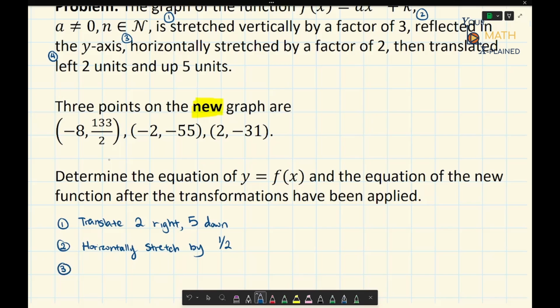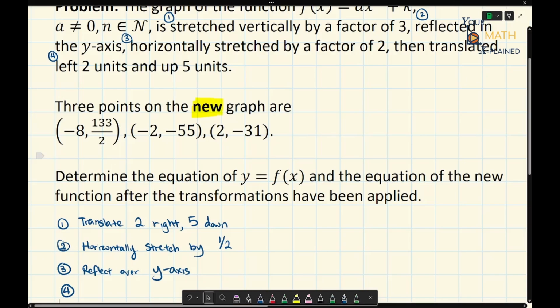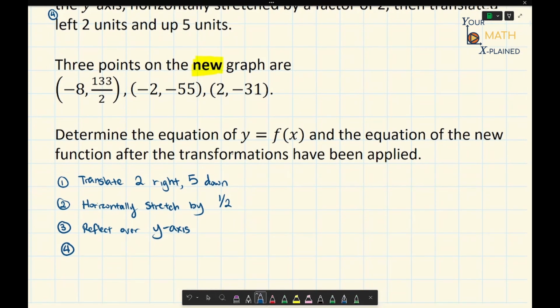Okay, and now the third transformation, which was originally the second transformation, that was reflected in the y-axis. So doing the opposite is still reflecting in the y-axis. And then the fourth transformation, which was originally the first one, was stretching vertically by a factor of 3, which means to do the opposite, we're going to vertically stretch by a factor of 1/3.